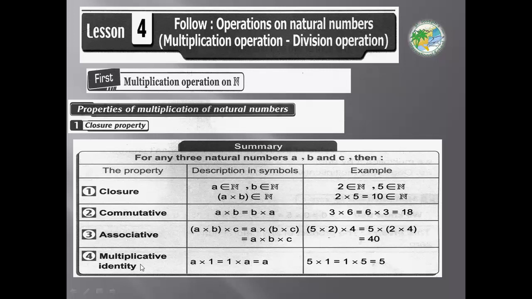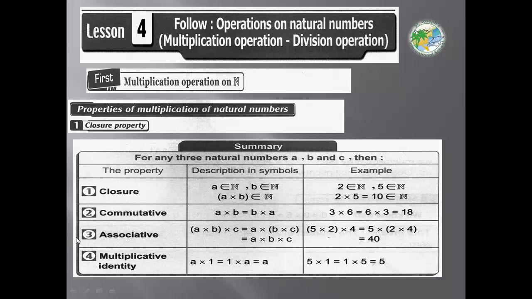Number 4, multiplicative identity. A times 1 equals 1 times A equals A. Then 5 times 1 equals 1 times 5 equals 5. Last lesson we studied the additive identity, which is the number that, when added to any number, gives the same number. That number is 0: 0 plus 5 equals 5, 0 plus 9 equals 9, 0 plus 100 equals 100.